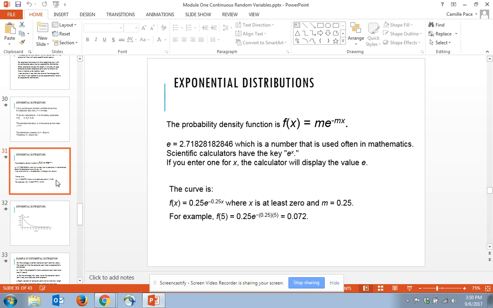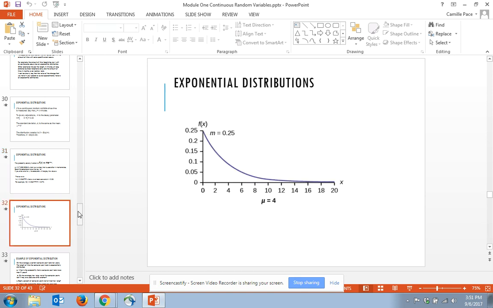If you don't have that button on your calculator, you can always approximate it, maybe use 2.71828. So for the curve that we just saw, f of x is 0.25 e to the negative 0.25x, where x is at least 0 and m is 0.25. Say x was 5, we would plug all this into the calculator and get 0.072. But remember, we can't really look at exact values. We can look at areas. So here's a picture of that.